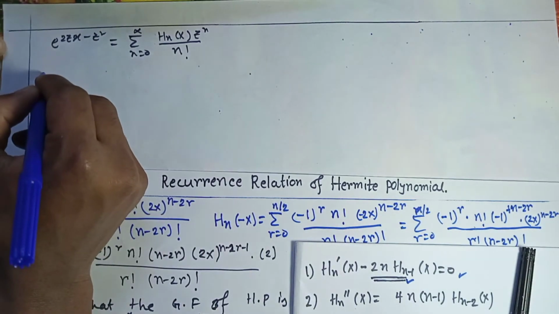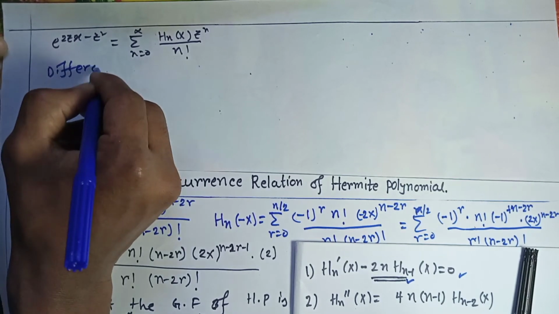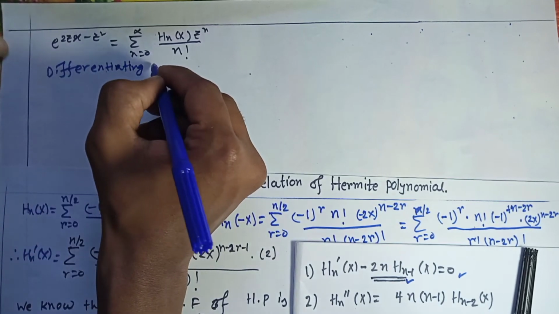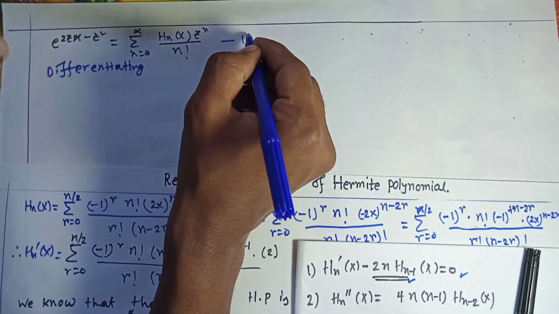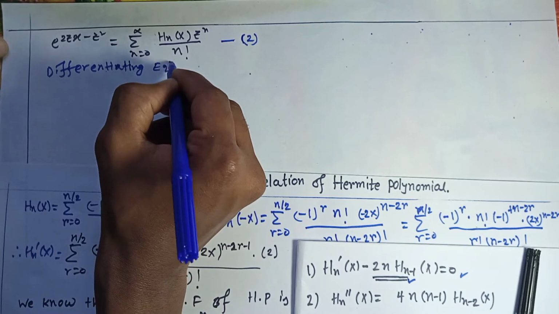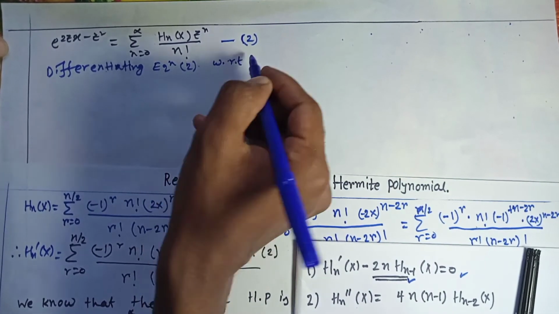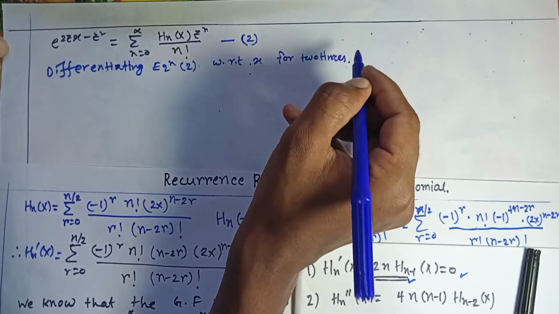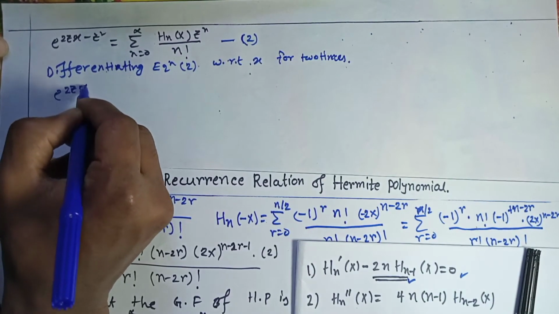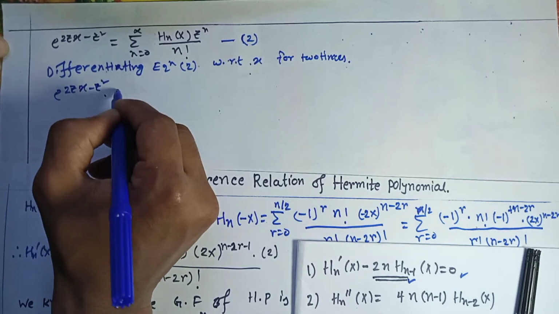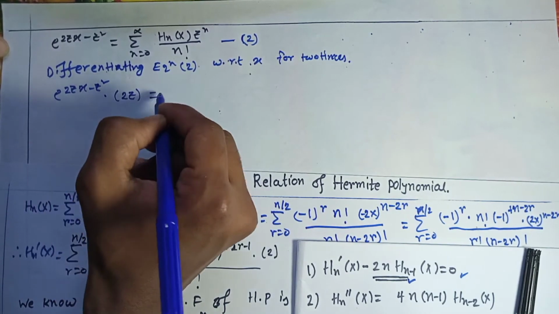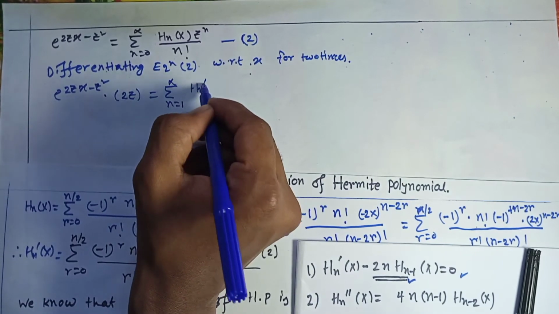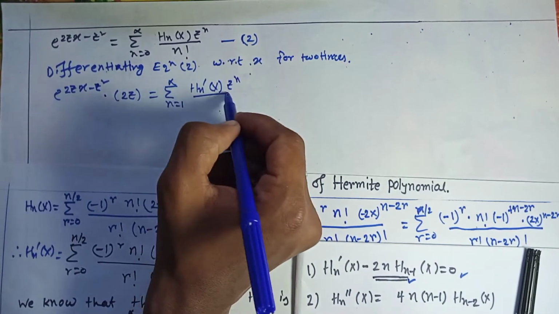Differentiating equation 2 with respect to x, we get e to the power 2zx minus z squared into 2z is equal to summation n equals 1 to infinity Sn dash of x z to the power n divided by factorial n.